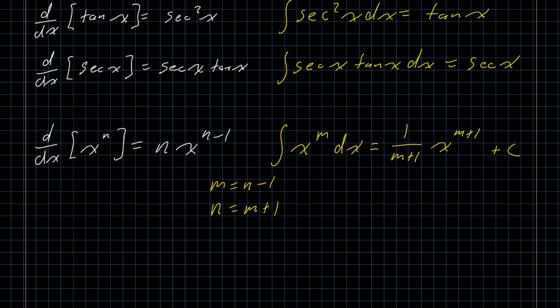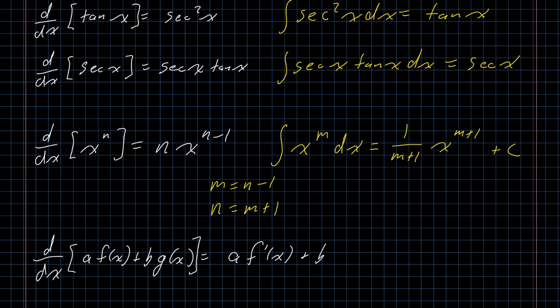And then the last rule I have for you that we're going to be working on right now is the first one we talked about when we talked about derivatives, that is linearity. The derivative of a times f of x plus b times g of x is equal to a times f prime of x plus b times g prime of x. Right, that's linearity.